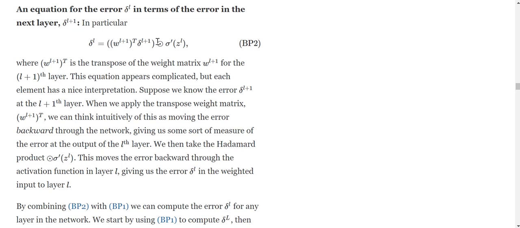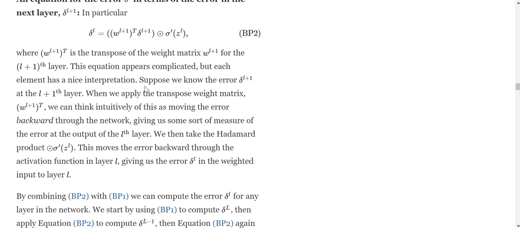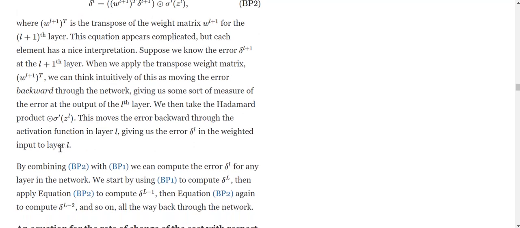Up until here, you have the error after the activation is done, but doing this you move back one more step to the place where the activations have not yet been applied. So you have the error pre-activation, the error in the weighted input to the layer.